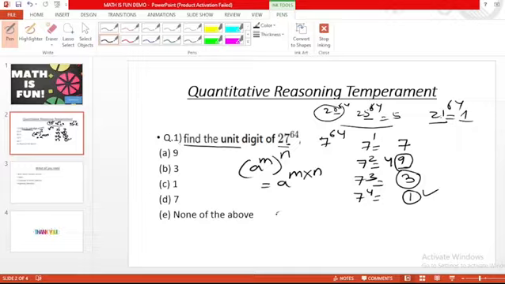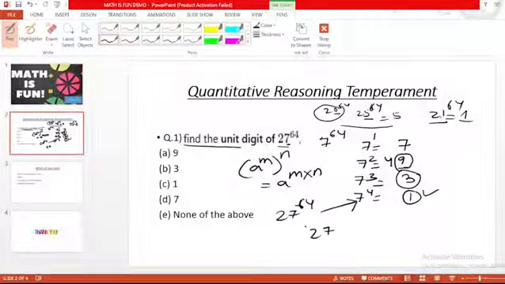So can we write 27 to the power of 64 as something related to this? Okay. So 27 to the power of 64, we can write as 27 to the power of 4, all to the power of 16.